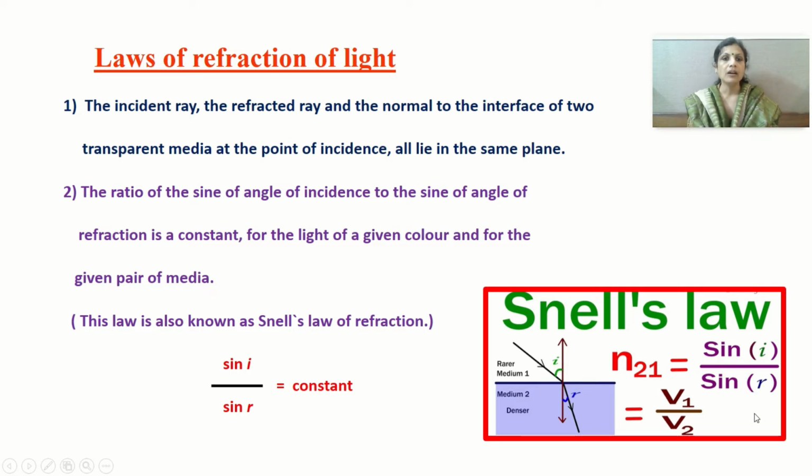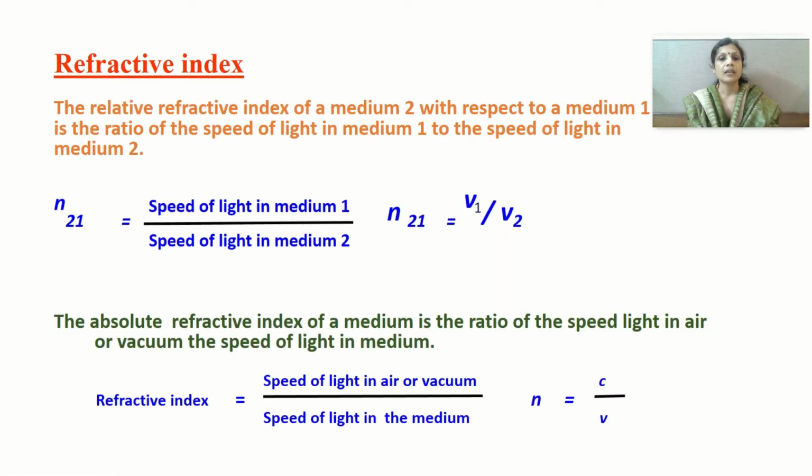Alright, now let's understand what is refractive index. The refractive index of medium 2 with respect to medium 1 is the ratio of speed of light in medium 1 to speed of light in medium 2. In very simple language, when we say refractive index, it is the extent to which light bends in a particular medium.